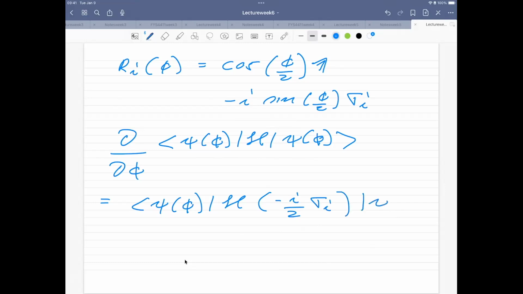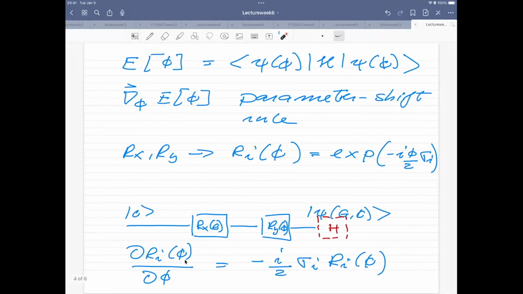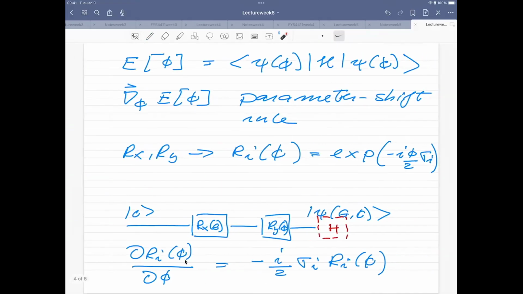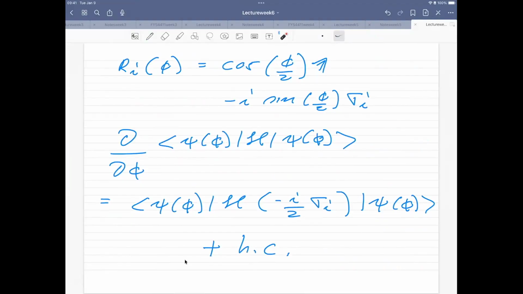And this is multiplied with psi of phi plus the Hermitian conjugate, because when I'm taking the derivative with respect to the angle phi, I have to take the derivative with respect to this quantity, which is given by the R here multiplied with the initial state. So this is essentially the quantity which we are interested in calculating.